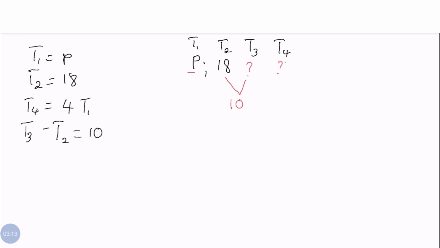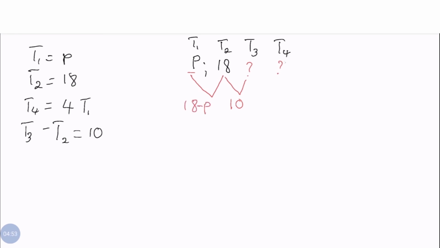So what options do we have now? The first differences. We got one of them, which is 10. We were given here, that is T3 minus T2, which is equal to 10. So how do we get the other first difference? That is 18 minus P, which will be here.